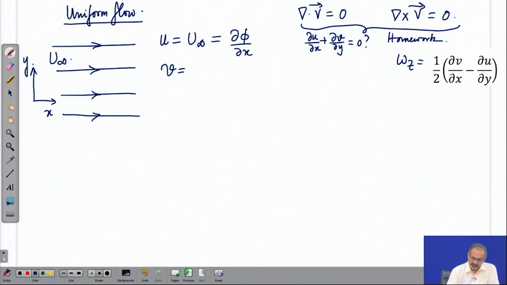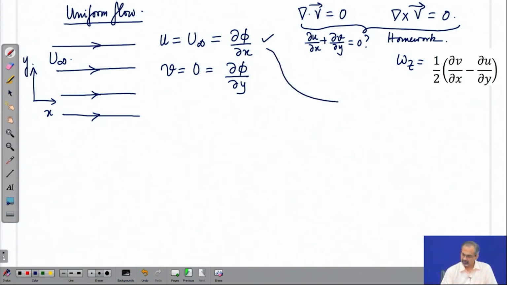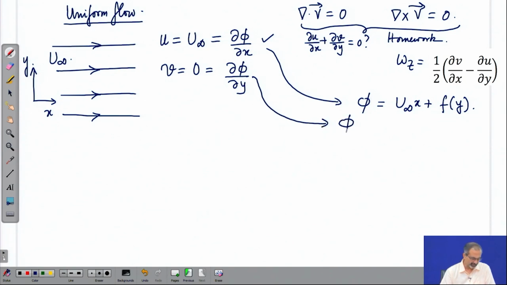There is no v component of velocity, but in terms of the velocity potential, it is del phi del y. So, if you integrate this equation, what do you get? You get a relation like this: phi is equal to u infinity x plus some function of y. If you integrate this, what do you get?